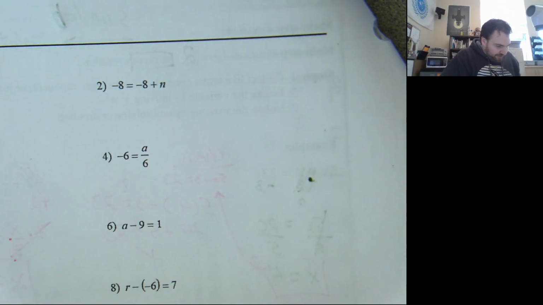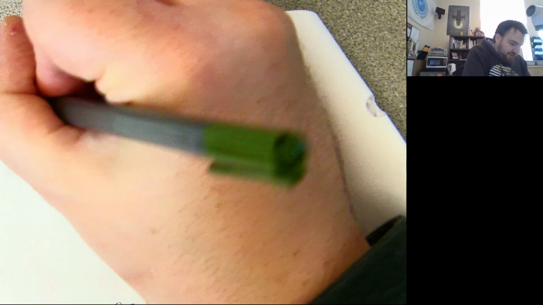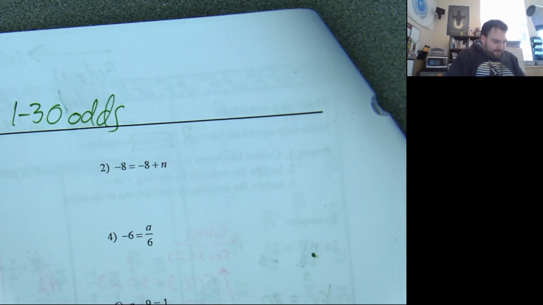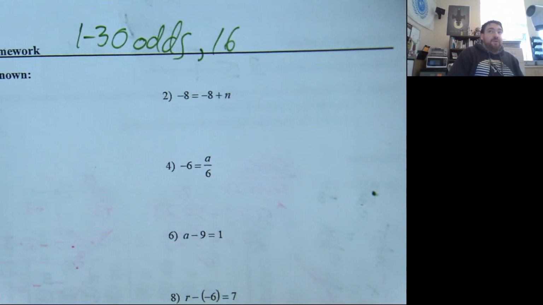There's a style of question that doesn't show up on the odd side. Yes, I would like you to do the 1 to 30 odds, and I'm going to add to that question number 16. So 1 to 30 odds and question number 16.